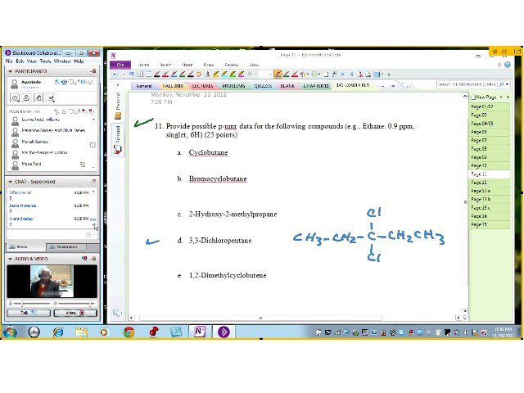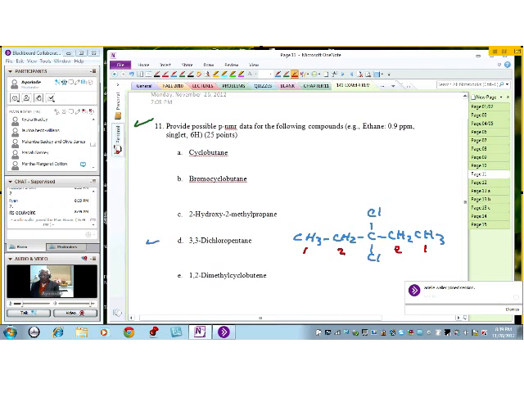How many? 2. Okay, great. So let us look at the 2. We say this is one set. Let me change the color of my pen. This set will be equivalent to this, because this is a symmetrical molecule, and also this set and this set are equivalent. So I would expect to get only 2 chemical shift signals for this compound.